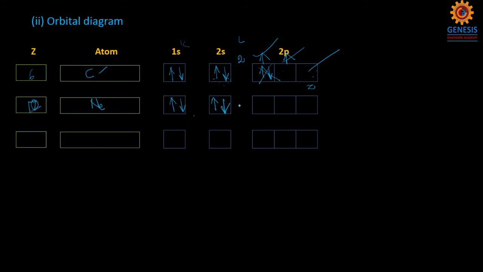First you fill each p orbital with one electron, then come back: this is 4, this is 5, this is 6. So all orbitals are filled. This is about neon.